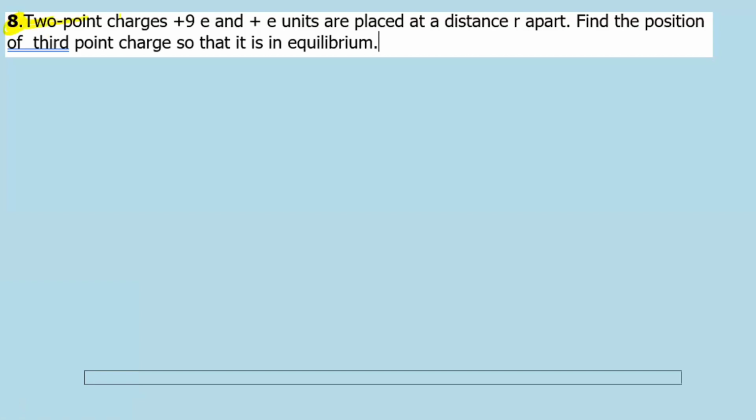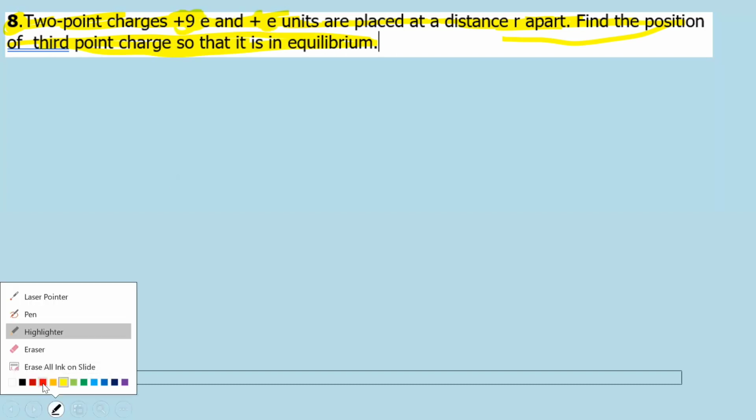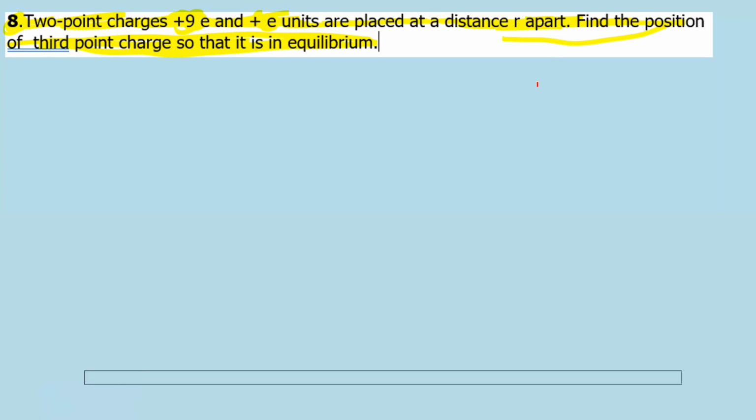The 8th question is: two point charges, plus 9e and plus e units, are placed at a distance r apart. Find the position of a third point charge so that it is in equilibrium. Here you have two charges, one is plus 9e, the other is plus e, and the separation between them is r.